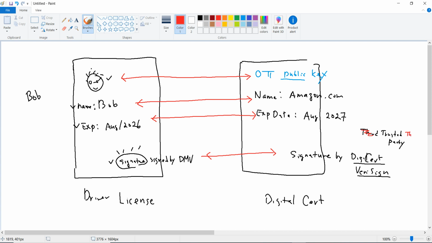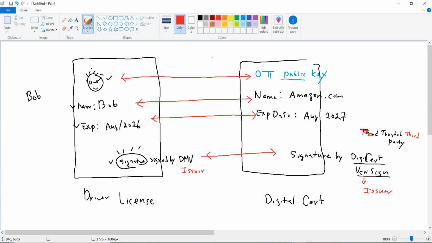So this signature is by trusted third parties such as DigiCert or VeriSign. This is a trusted company. Another way of saying this is that the signature is signed by the issuer.